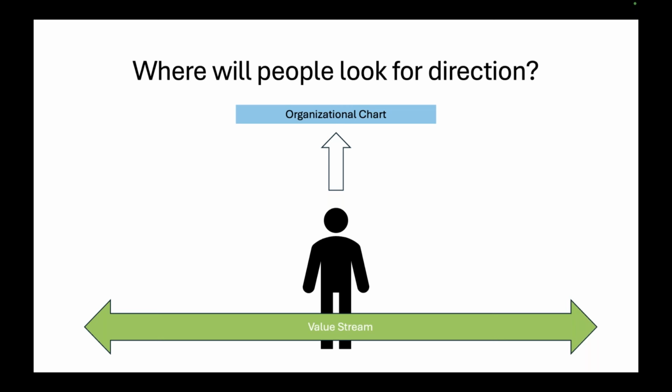Are they going to look up the organizational chart, or are they going to look horizontally at a team? This is what needs to be crystal clear in your value stream organization. And if the people that are working in the value stream every single day don't understand this, then you really haven't created a very good value stream organization.